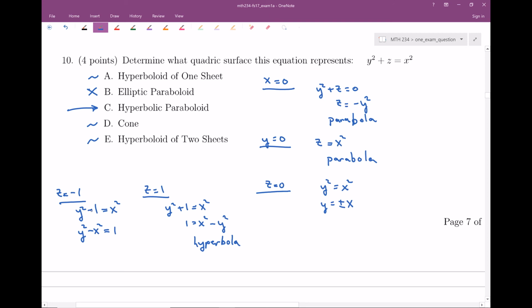I'd move that negative 1 onto the other side, making it positive 1, and bring the x squared over. Again, you would see that this is a hyperbola. No matter what, you're going to have hyperbolas at all the places where you don't have z equal to 0. So if you chose z equals 2 or z equals 100 or whatever, all of these are going to be equations of hyperbolas. All right, so again, our answer is C.